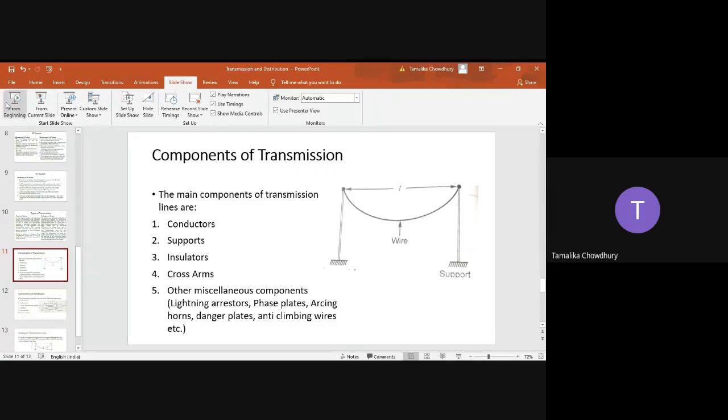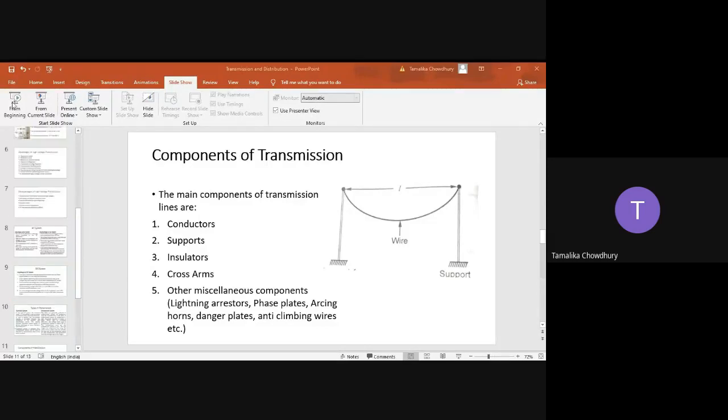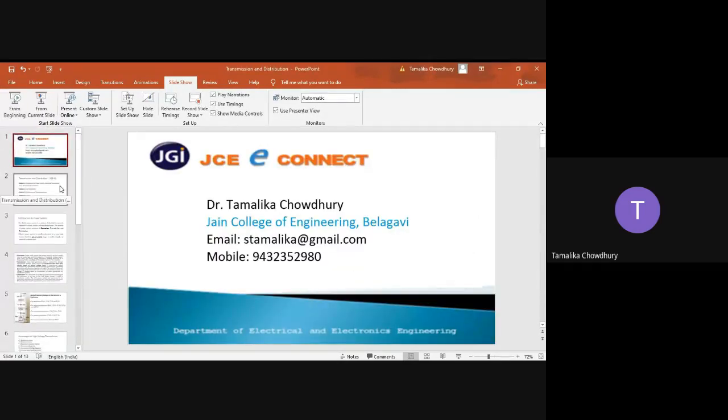I'll just view it full screen. Somehow it is not taking the full screen. I am making it full screen, but it keeps going back. Anyway, no issues, just wait a minute.